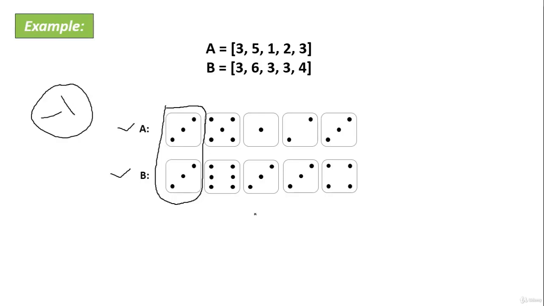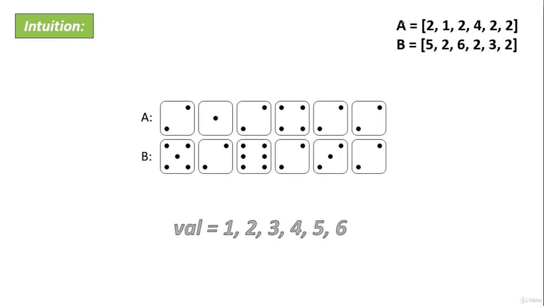Now let's see how we can solve this problem. Let's suppose that we're given this array A and B, and they are represented like this, and we have values from 1 to 6. For 1, 2, 3, 4, 5 and 6, we'll iterate through the two arrays from left to right at the same time.